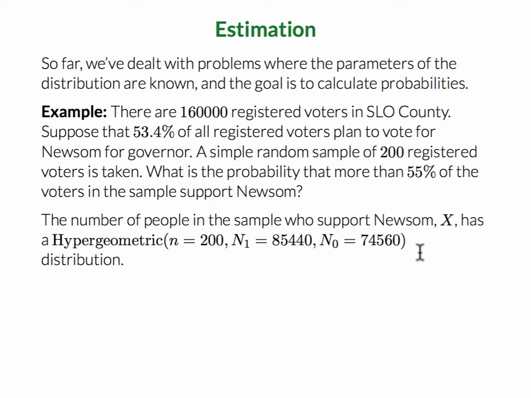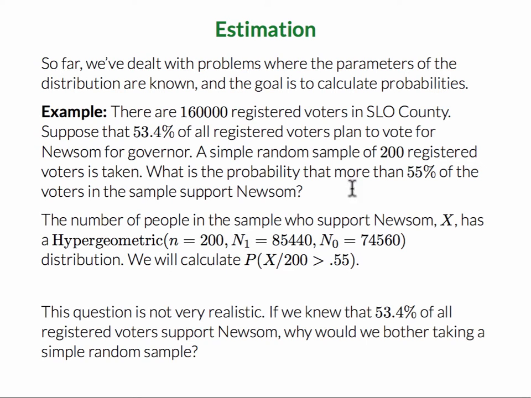And now we want to know the probability that more than 55% of the voters in the sample support Newsom. In other words, the probability that X over 200, that's the percentage of people in the sample who support Newsom, is greater than 0.55.